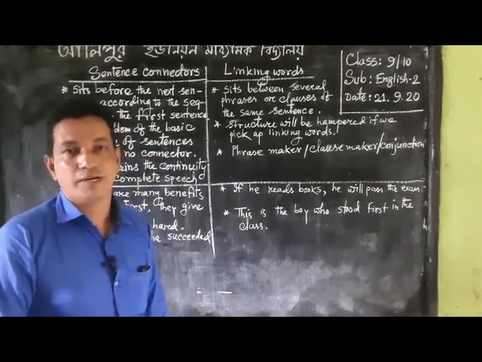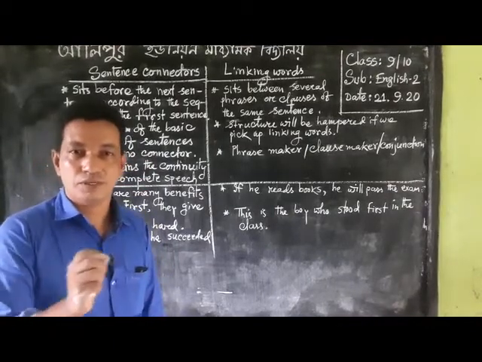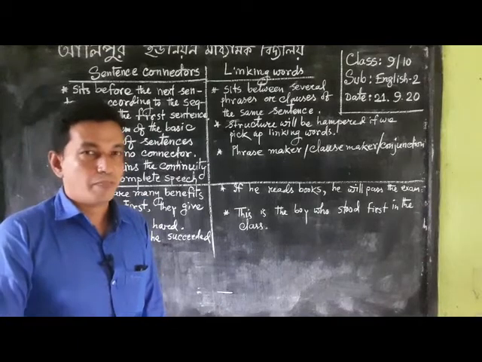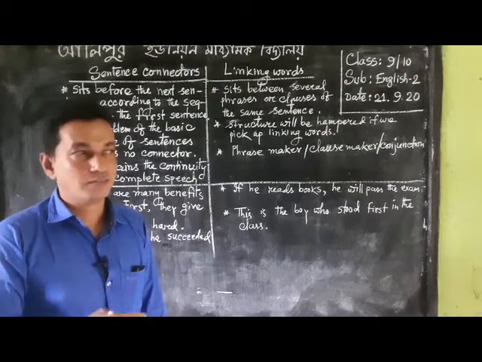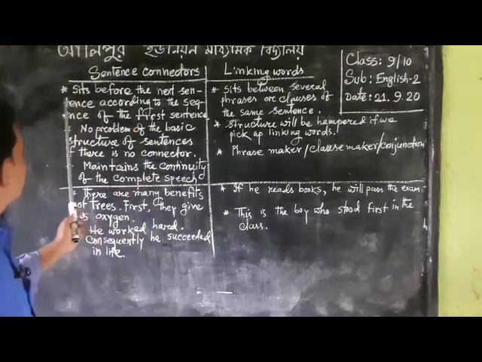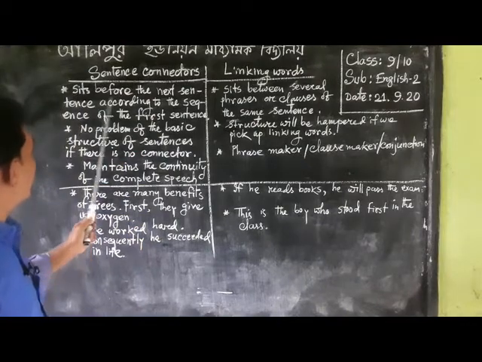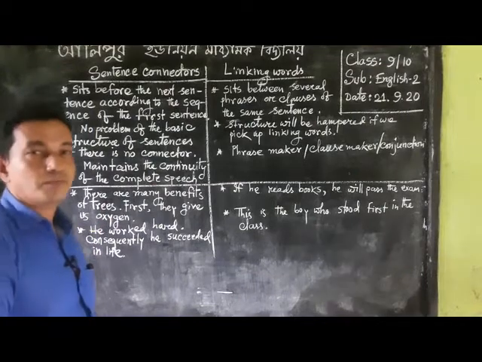You should keep in mind, dear learners, there will be no clauses or phrases. Here there will be more than one sentence, such as two sentences, three sentences. Okay? And connectors will sit before the last sentence, not before the first sentence.